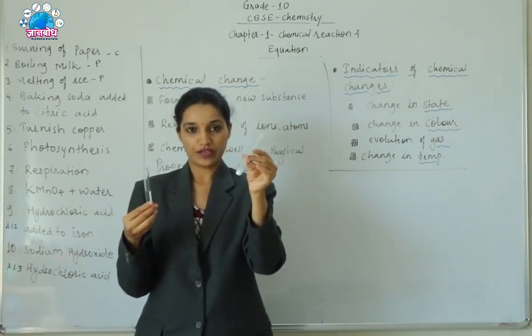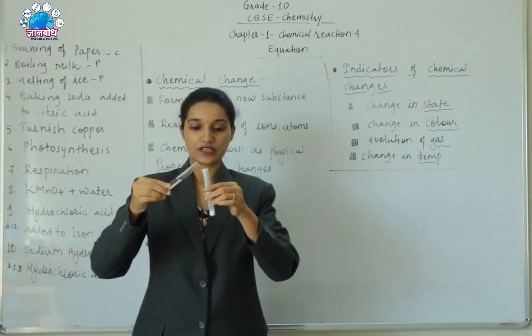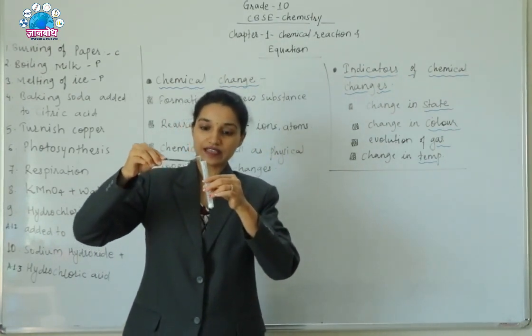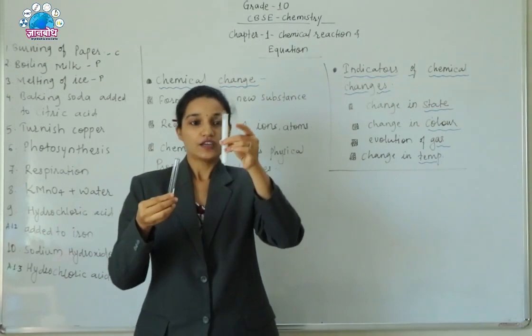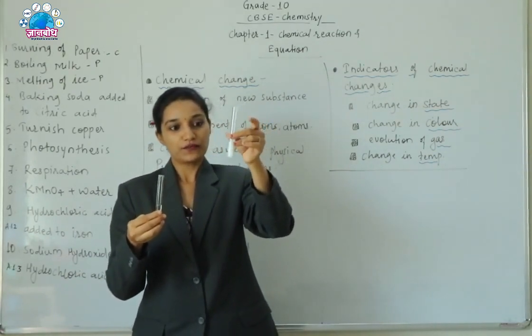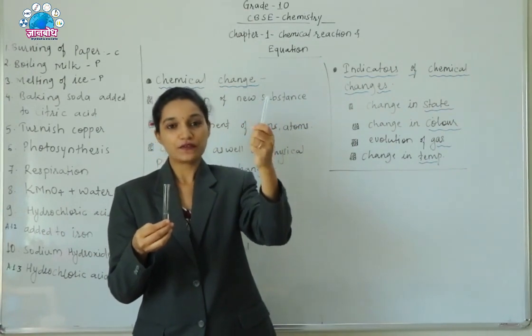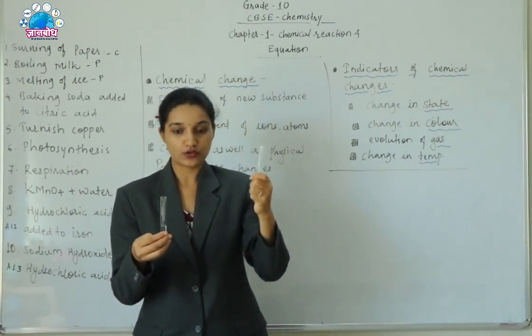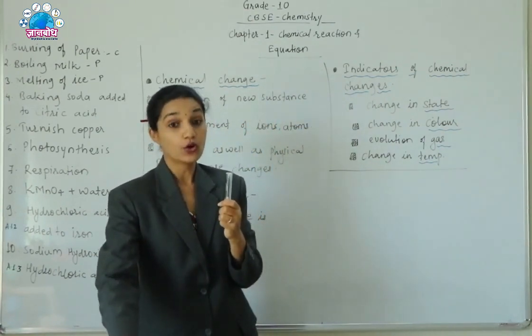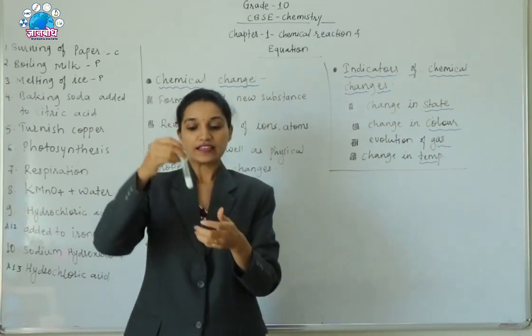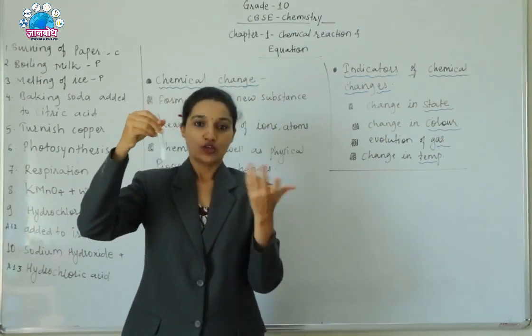This is a sample of baking soda and this is a sample of citric acid. When I add citric acid to baking soda, you can see the effervescence, bubbles, production of gas. If I touch this test tube, the temperature is lowered, and the state of matter is also changing.